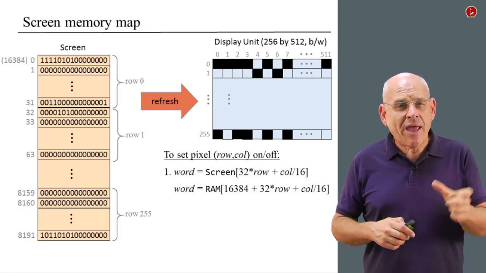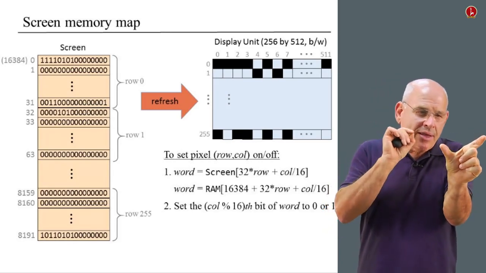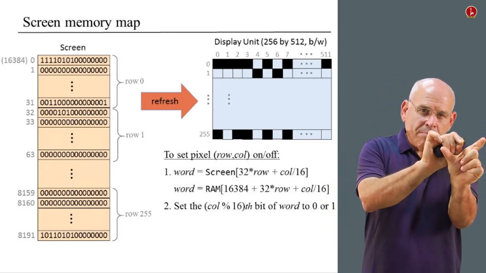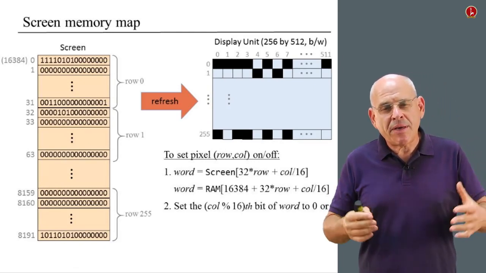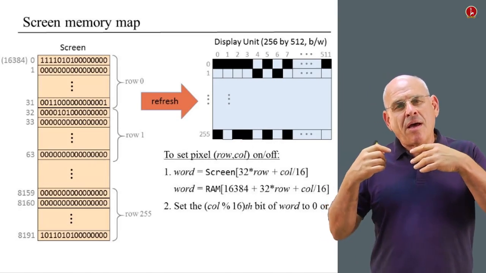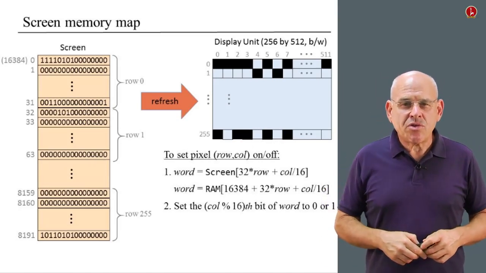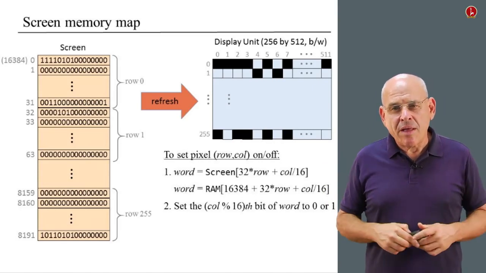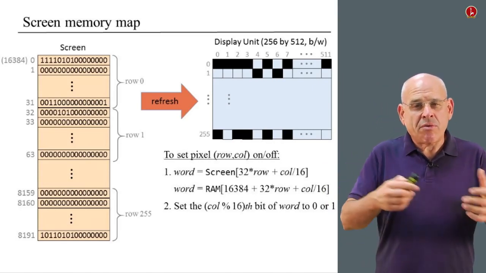All right, so we have this 16-bit word, and then we want to manipulate a particular bit inside it. Which bit is it? Well, it turns out that this bit is the column modulo 16. It's the remainder which remains after we divide column by 16. So we get a number which is between 0 and 15.